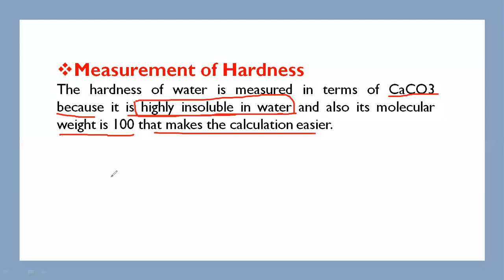Why do we use calcium carbonate as a reference material? Because it is highly insoluble in water, and secondly, its molecular weight is exactly 100. That makes the calculation easier for us. Okay.